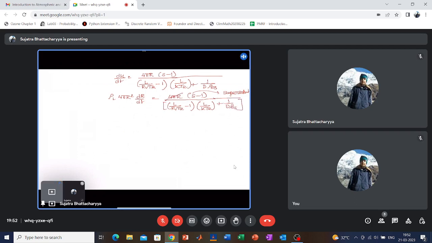Now 4 pi r, one r will be there. Therefore r dr dt will be equal to S minus 1 divided by the same expression, just divided by rho L: L by k rho L T and plus 1 by d rho L rho es.